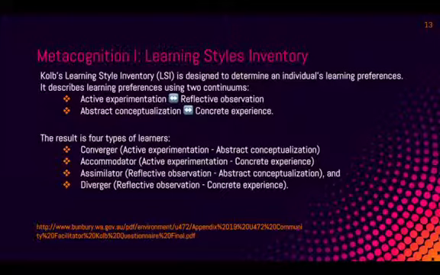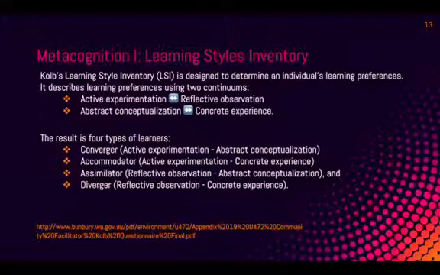Kolb's learning style inventory is designed to determine an individual's learning preferences. It describes learning preferences using two continuums: active experimentation and reflective observation, and abstract conceptualization and concrete experience. These are poles of learning preferences. Active experimentation is practical, hands-on, versus reflective observation, which is sitting around thinking about stuff.